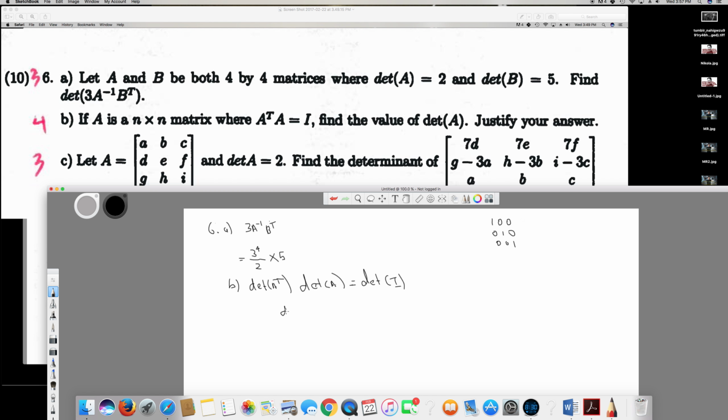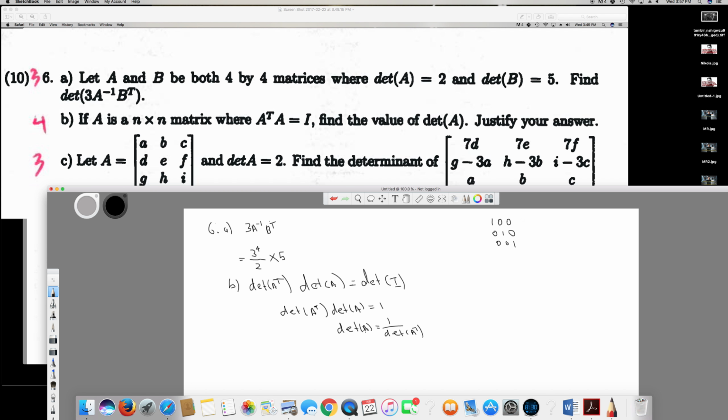Therefore we can say determinant A transpose times determinant A is equal to 1. From this I can say determinant A is equal to 1 over determinant A transpose, because if I bring this to the other side, it's going to be 1 over determinant A transpose.